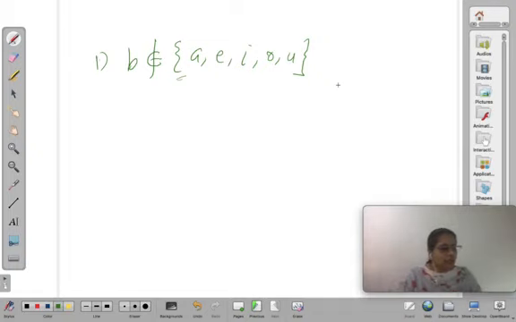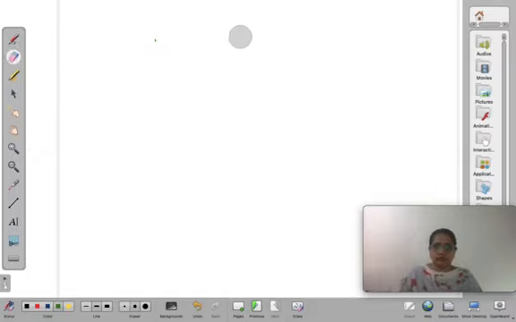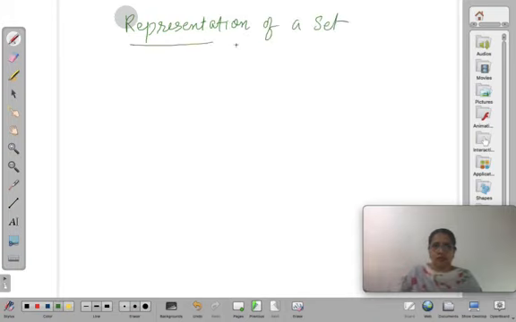Then after that, representation of a set. How to represent a set? We can represent sets in three different ways.